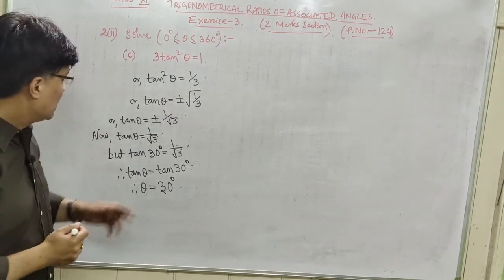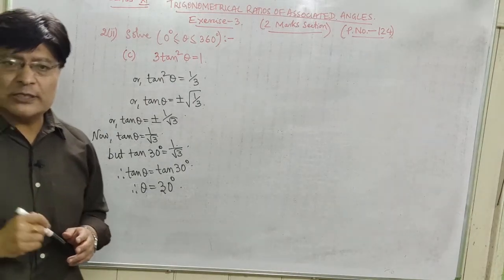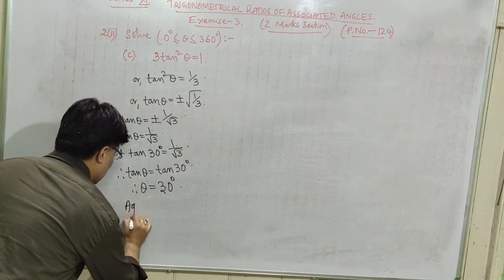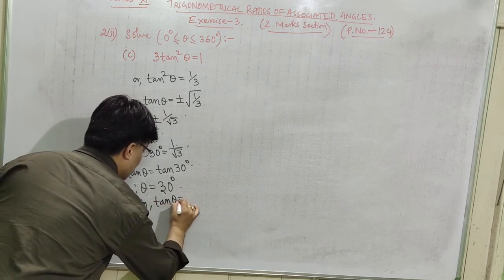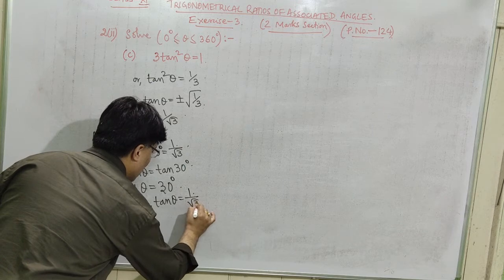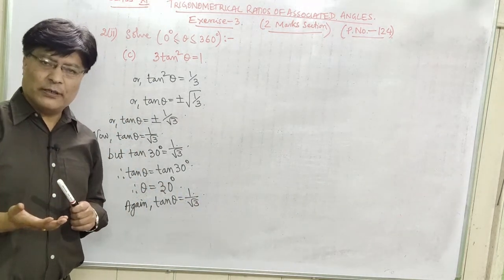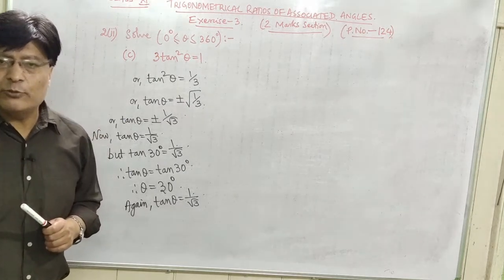So next, again tan theta is positive. So you know that tan theta is positive in the third quadrant also. So again tan theta is equal to 1 upon root 3. Okay. So now tan theta is positive in which quadrant?